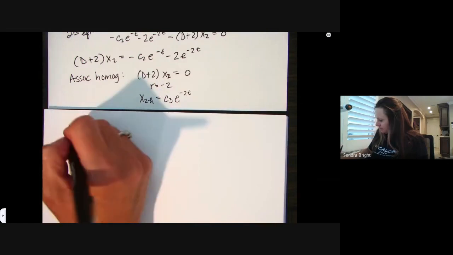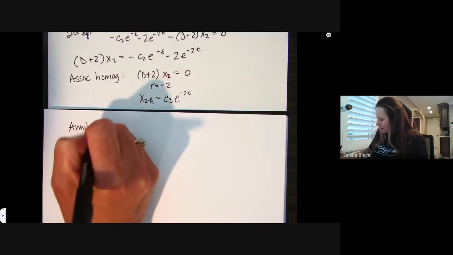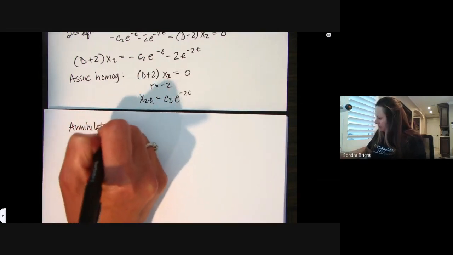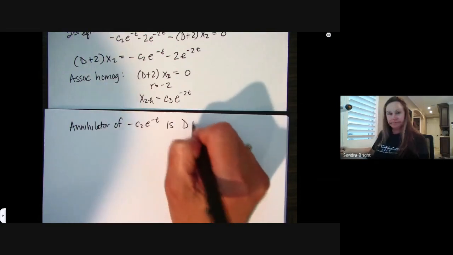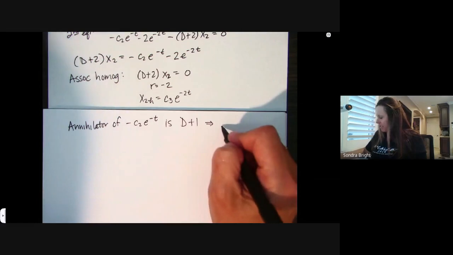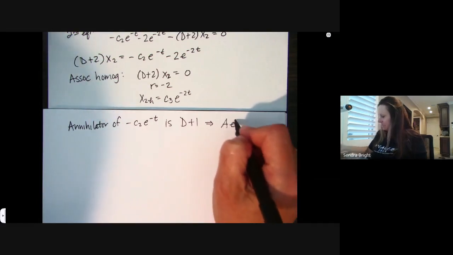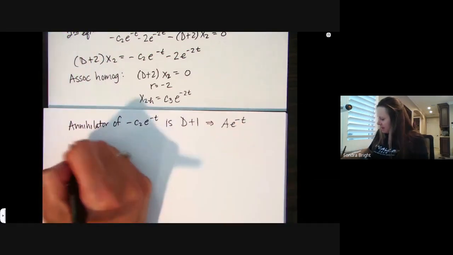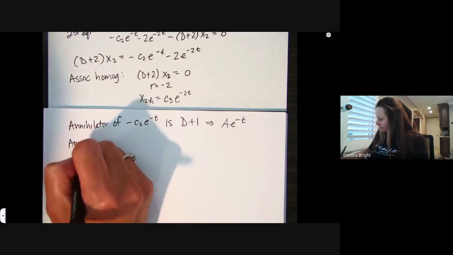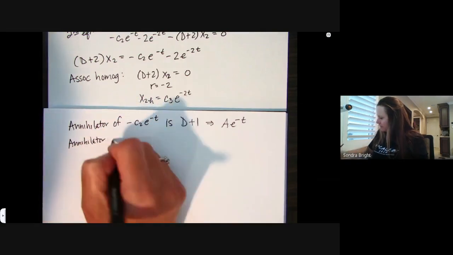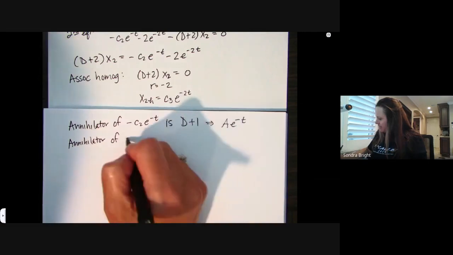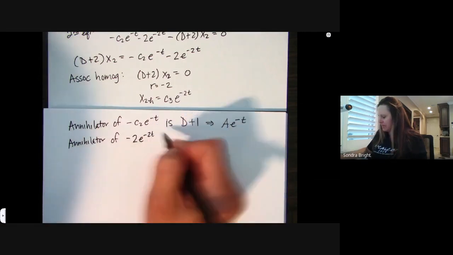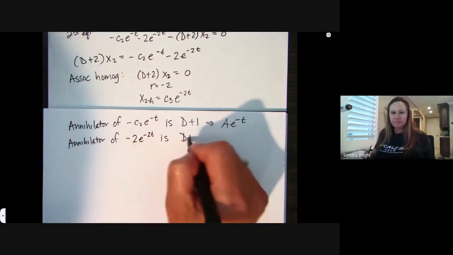The annihilator of negative c2 e to the negative t is just D plus 1, which just means that it's going to be a times e to the negative t. And the annihilator of negative 2e to the negative 2t is D plus 2.